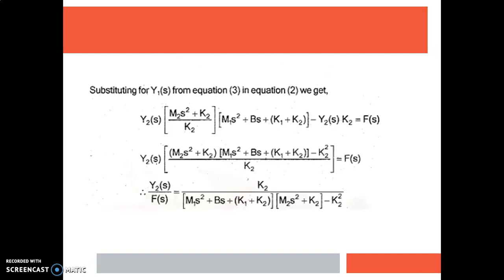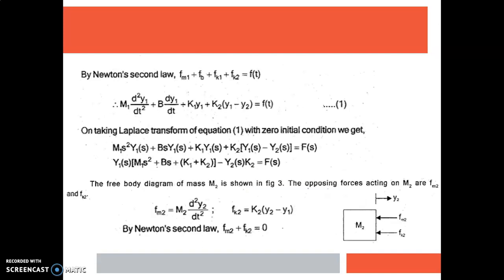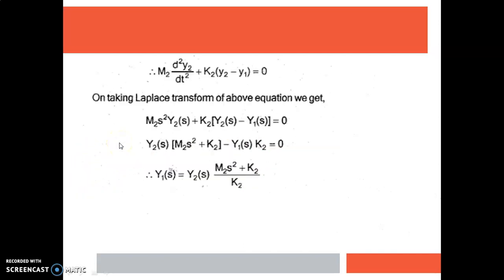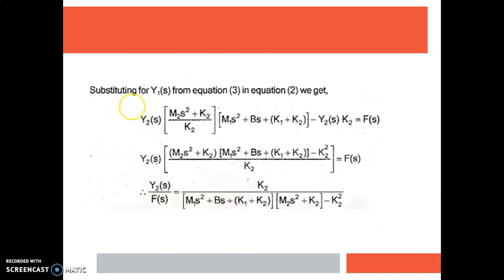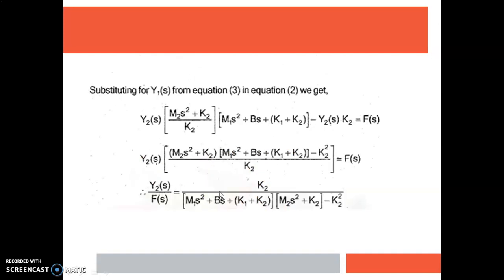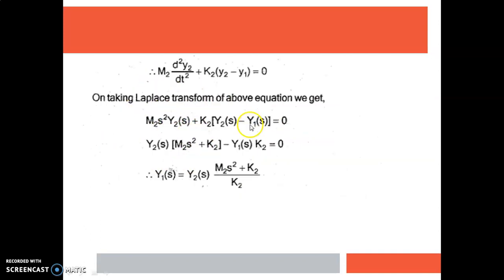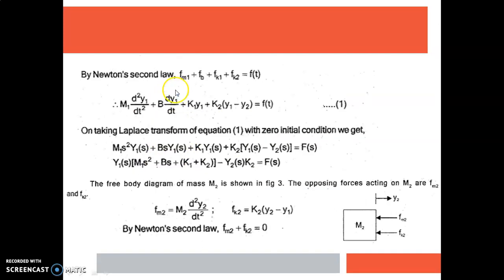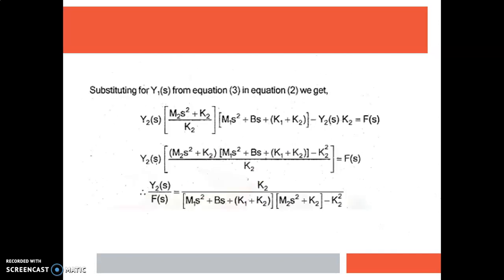Now we can substitute y1 of s in the previous equation. So y2 of s into m2 s square plus k2 divided by k2, this whole thing is y1 of s. y1 of s into the expression m1 s square plus bs plus k1 plus k2, minus y2 of s into k2.